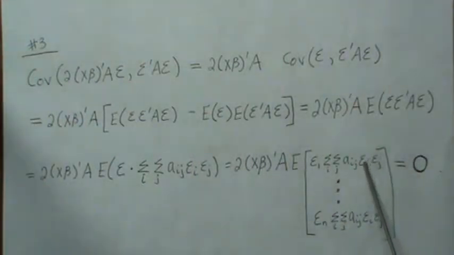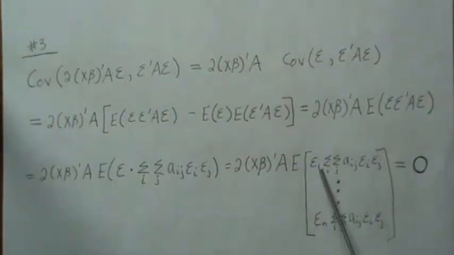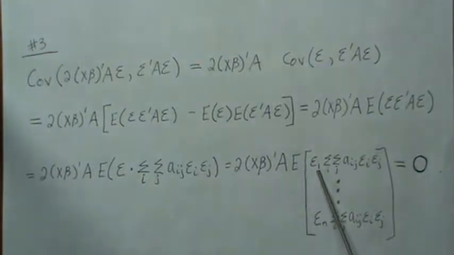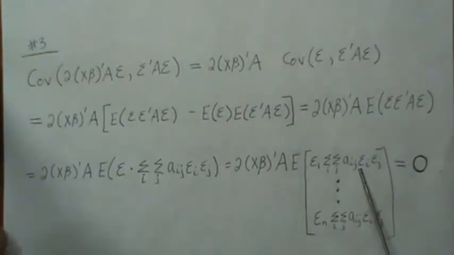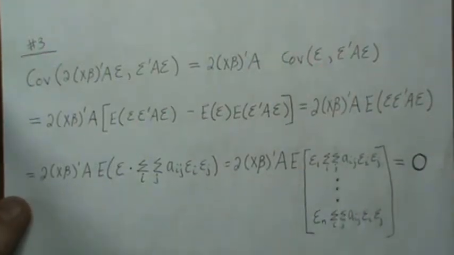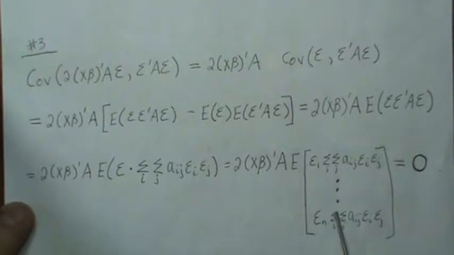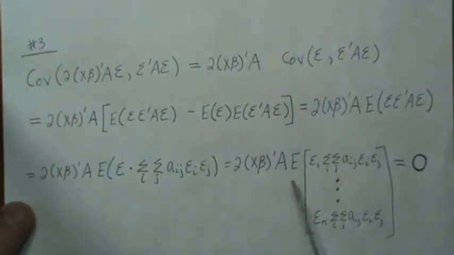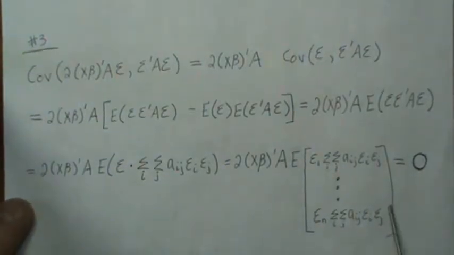So that's e_i squared, but the expected value of this is still 0. And then let's say they all equal 1. So that's the expected value of the third moment of e_i, which is also 0. And that same argument goes for each element. So each one of these the expectation is 0. And since this is 0, 0 times any matrix is 0.